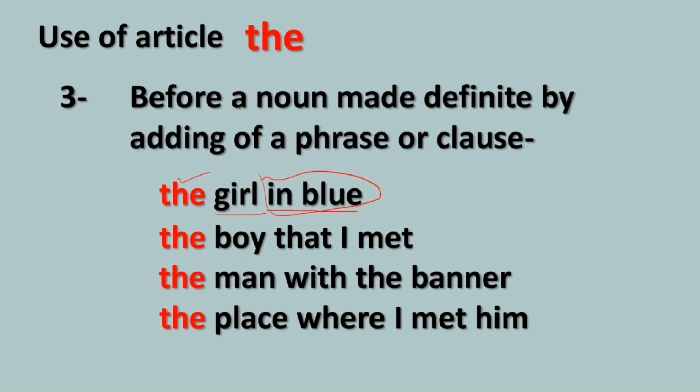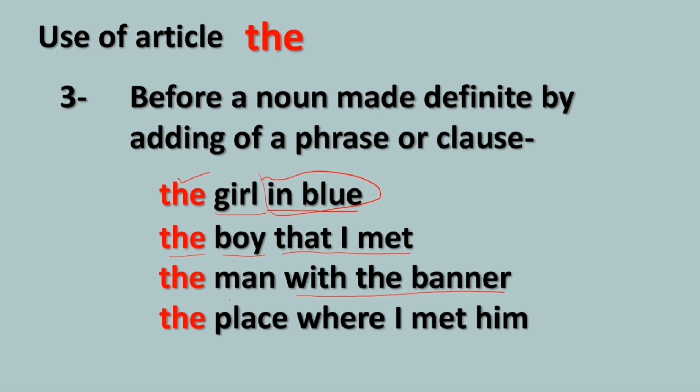Similarly, in the second sentence, that I made, this is that clause. That's why the boy has become some definite type of word. Therefore, article the is to be used. Similarly, in the third sentence, with the banner, this is prepositional phrase. With is preposition, so this is prepositional phrase.